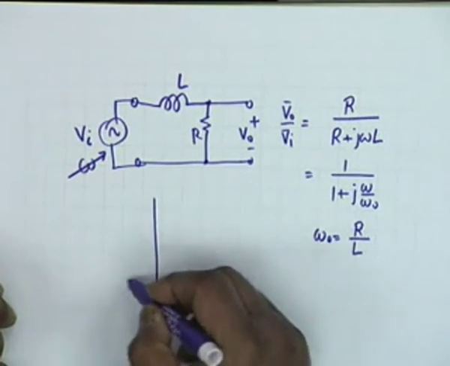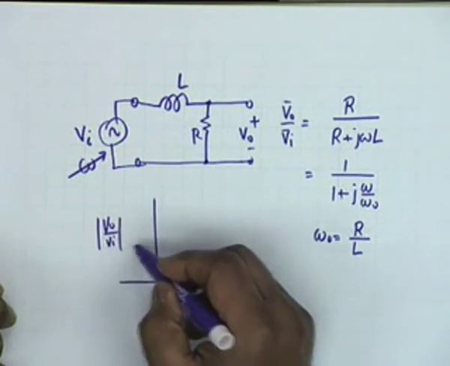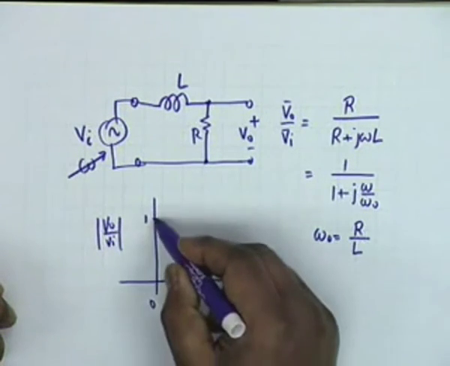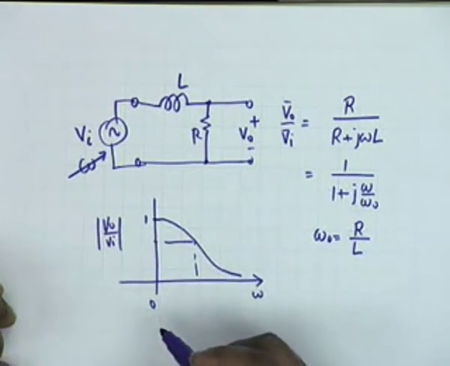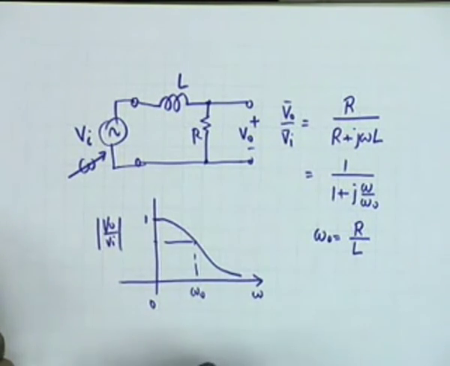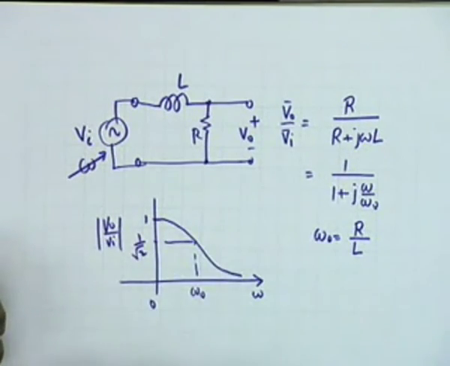And the magnitude plot, if you plot the magnitude V0 by Vi, then the magnitude plot starts at 1 at omega equal to 0, and it goes to 0 at infinity with half power point at omega equal to omega 0, where the magnitude drops down to 1 by root 2, and therefore the power in the resistor, which is I squared R or V squared divided by R, the power gets reduced by a factor of half.